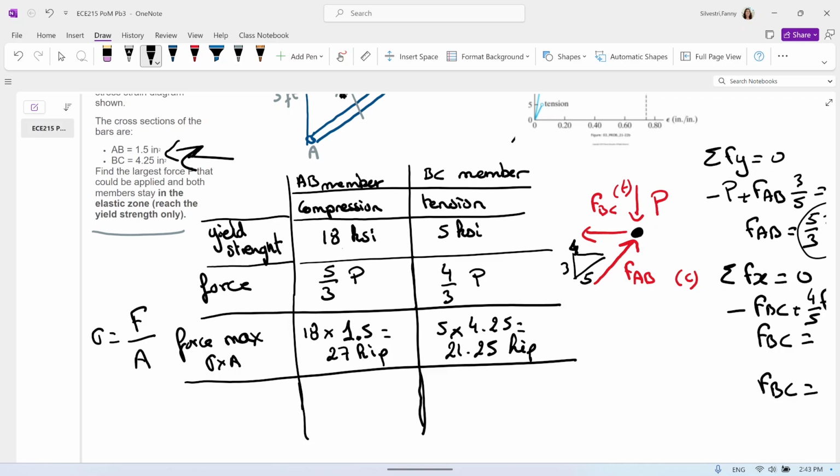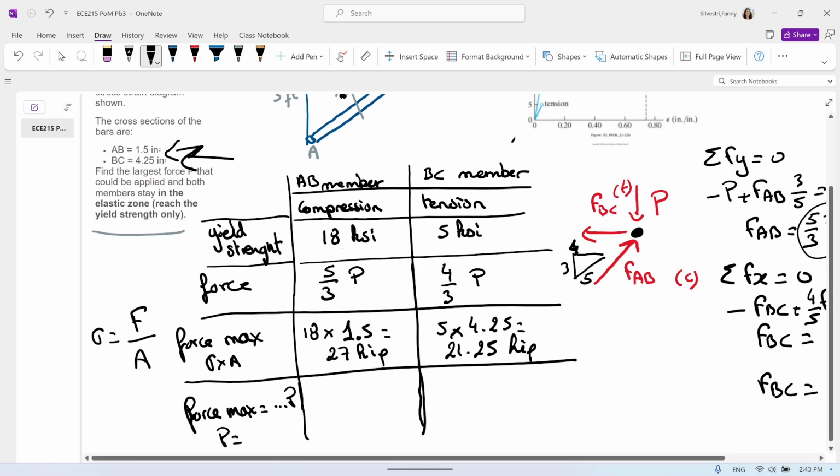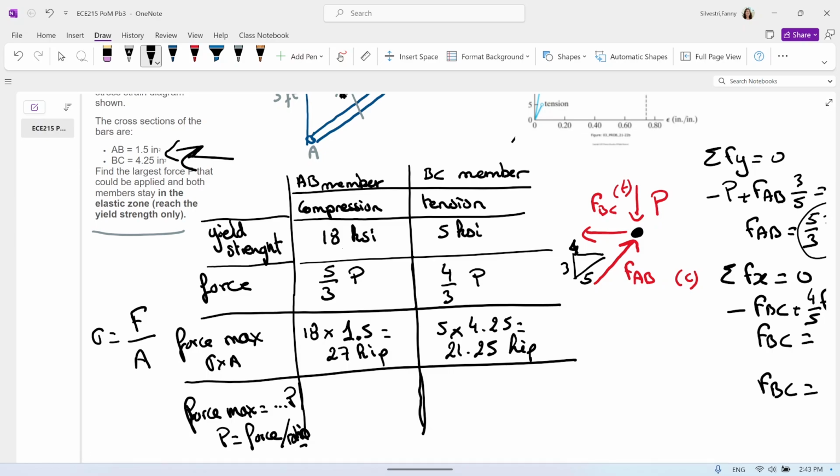Now that we have the max force and we have the relation with P, the force max equals something times P, so we find P equals the force max divided by the ratio that we found before, the 5/3 and the 4/3. Here, P will be equal to 27 divided by 5/3.